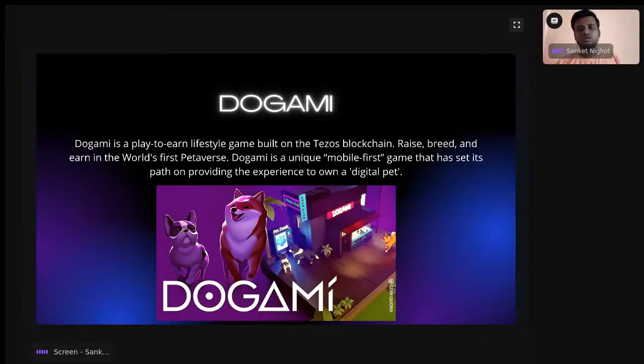All the pets have their intrinsic value, and also they have more features. They're going to create a metaverse of these pets. And also they are working on an AR game, where you can create an augmented reality of your NFTs and show it in the AR view.